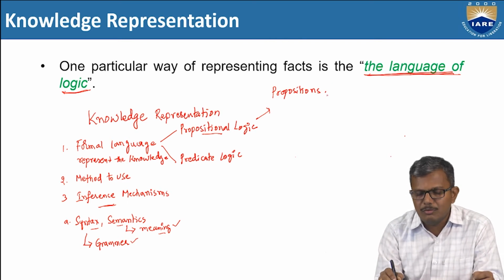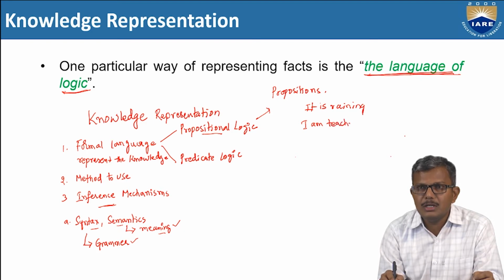Whatever you represent in English is a proposition. If I write some sentence, for example, it is raining, or I am teaching, or similarly, the students are listening.